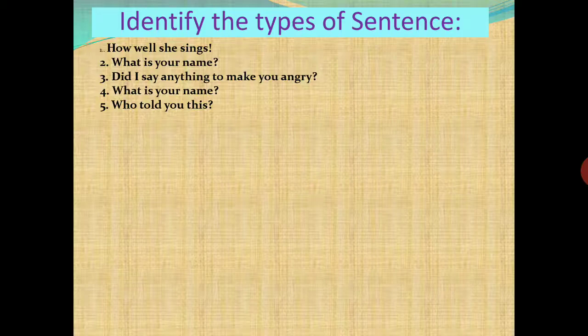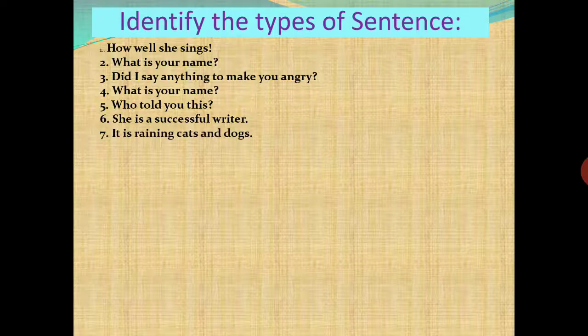Again, interrogative sentence. Next, she is a successful writer. Here, which sentence is it? It is a declarative sentence because it is giving me a fact, a complete idea that she is a successful writer, and it ends with a full stop. Next, it is raining cats and dogs. What is it? It is a declarative sentence which gives me a complete picture.